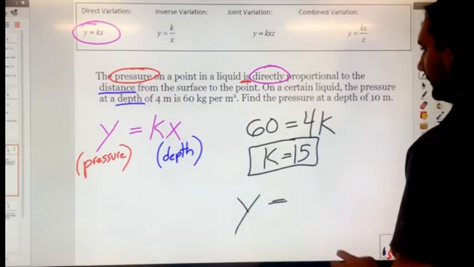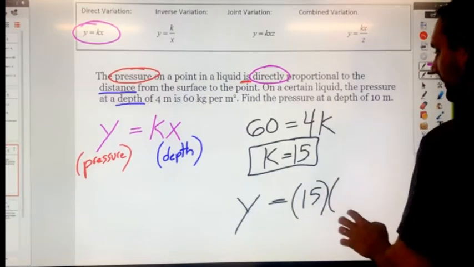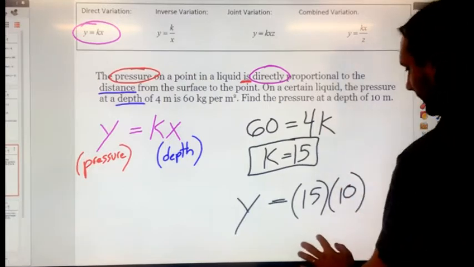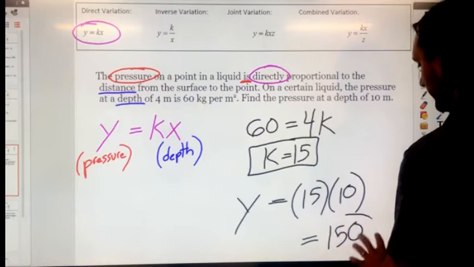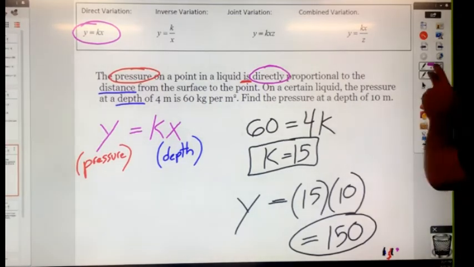Y equals k, which is 15, times x, which is 10 meters. 15 times 10 gives me a pressure of 150 kilograms per meter squared. So there's your answer, 150.